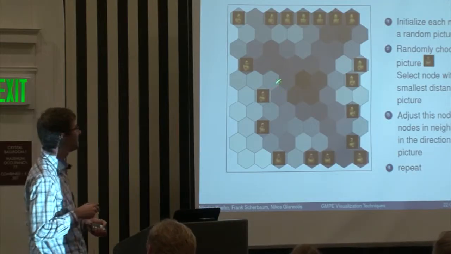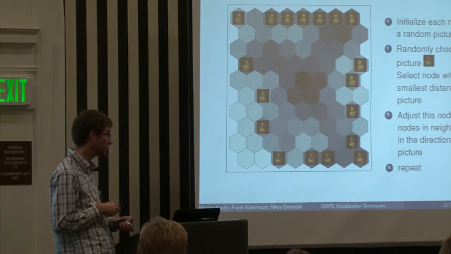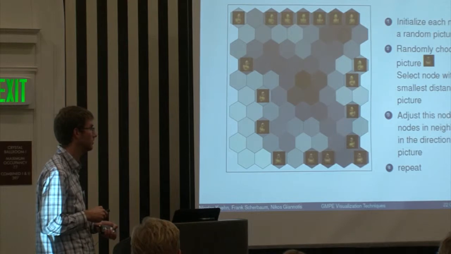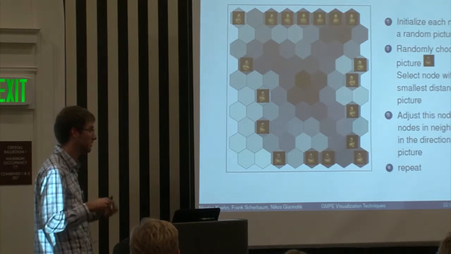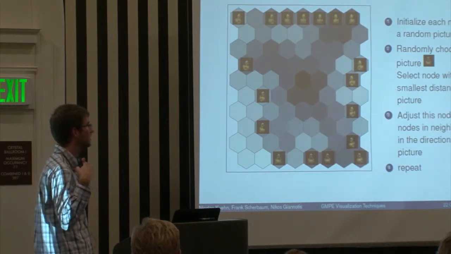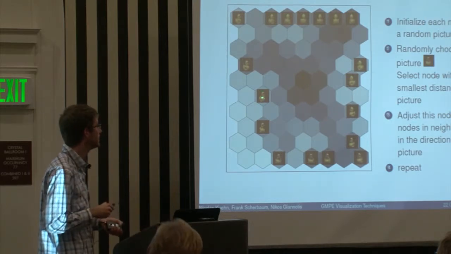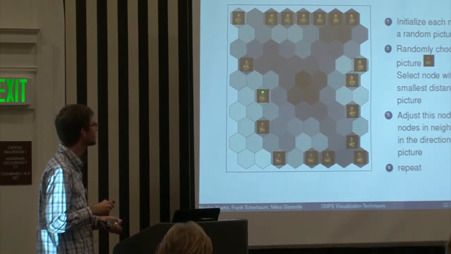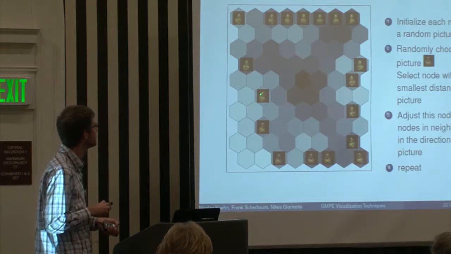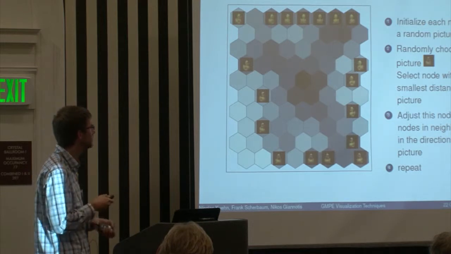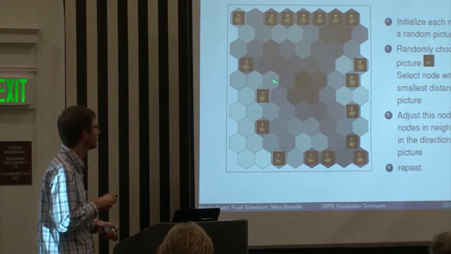The color code actually denotes the average distance of one node to the neighboring nodes. So lighter colors are small distances, and darker colors are large distances. So this one is on average medium far away from the other ones.